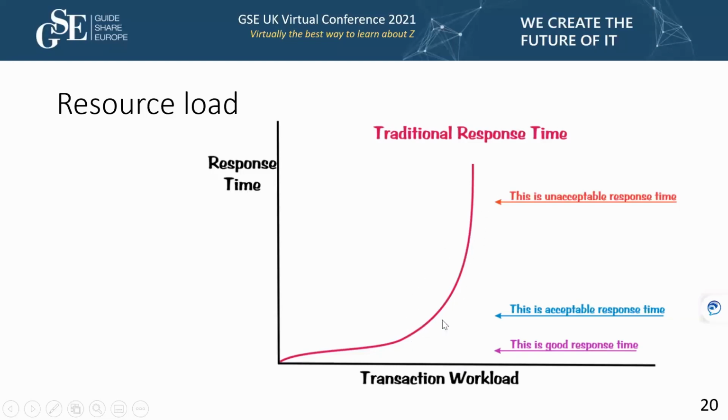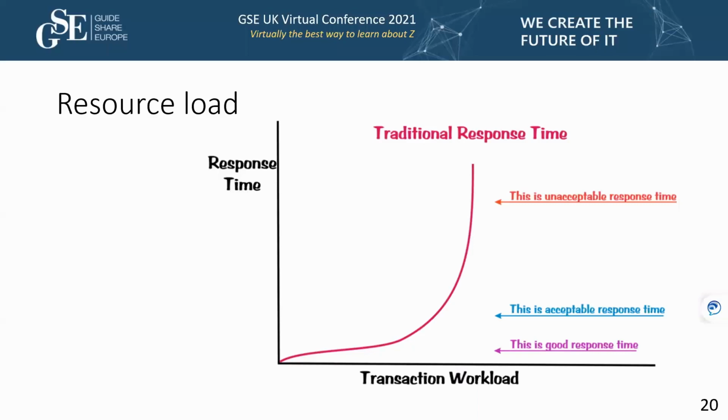This is usually known as the knee of the curve. Effectively, to get good response time, you just have to make sure you're below the knee of the curve. Maybe that's right over here, or maybe that's right where the blue line says it is.